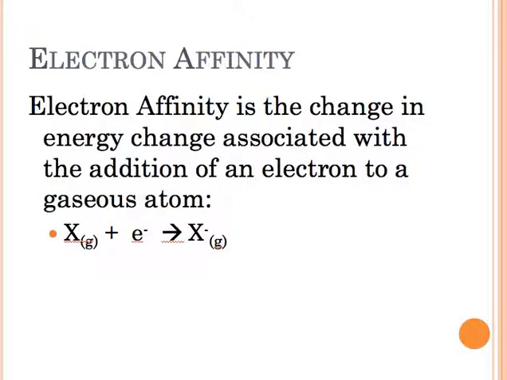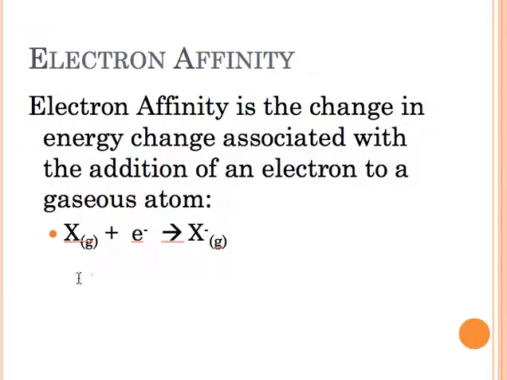So electron affinity is one that we did not really cover. We really talked about electronegativity, which is the same idea. It really is, except that rather than electronegativity, which was an arbitrary number from 0 to 4, like how much elements can attract electrons, electron affinity is actually an energy measurement.